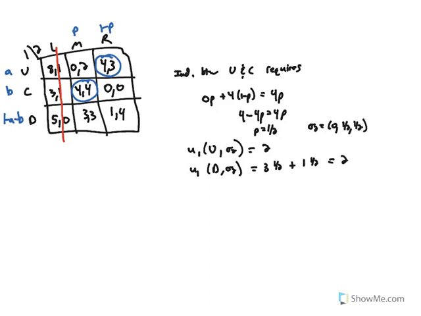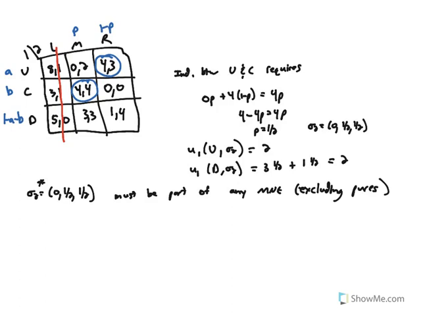Okay? So sigma 2 equals 0, 1/2, 1/2 must be part of any MNE, excluding the pures.